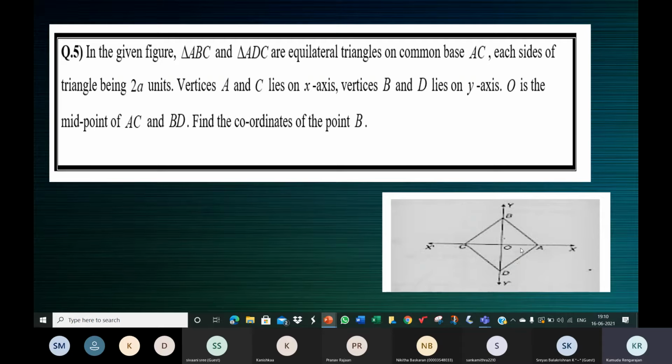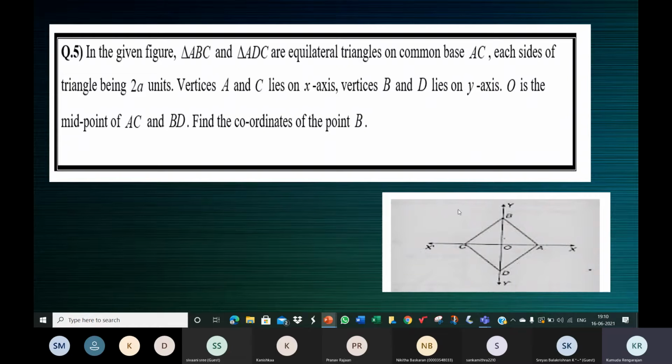ABC is above the x-axis and ADC is below the x-axis. Now these two triangles are given to be equilateral triangles on the same base, meaning the common base AC. Each side of the triangle is 2A units.